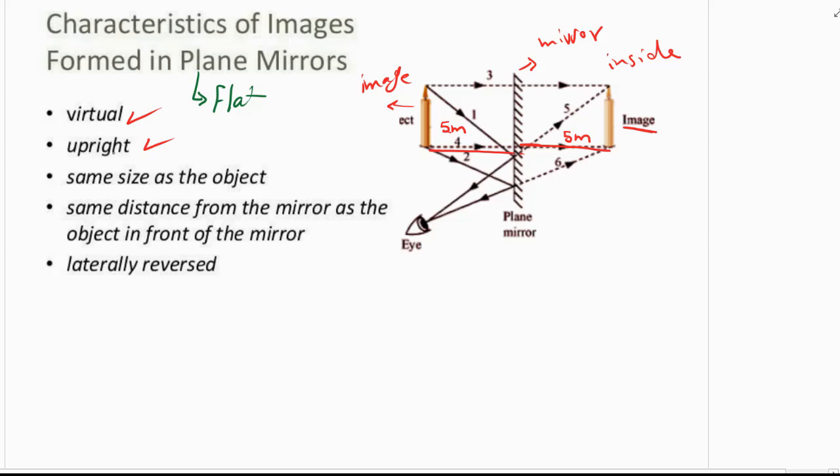It's upright, not inverted, the same size as the object, and the same distance from the mirror as the object in front of the mirror, and literally reversed. So if you stand in front of your friend, facing him, in this situation you will find your right hand is his left hand, and this is exactly what happens in the mirror.